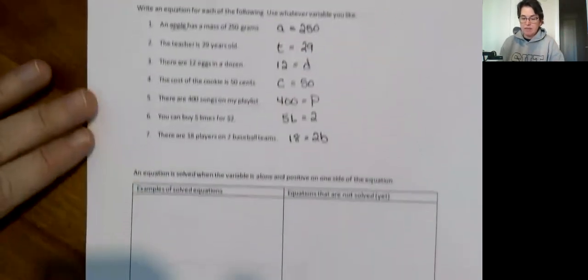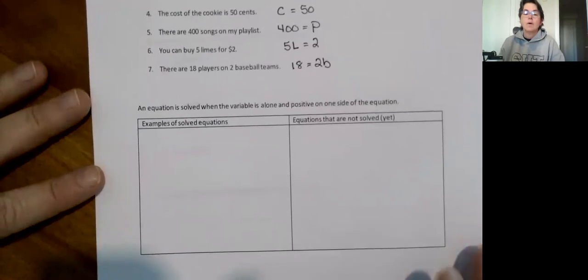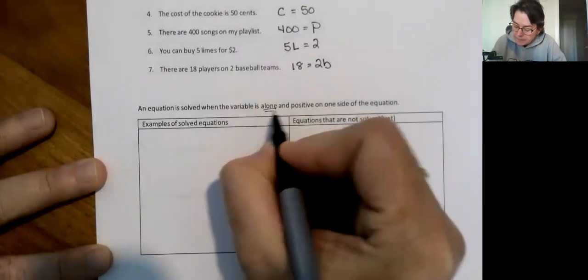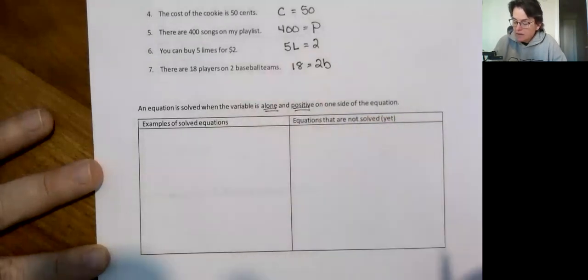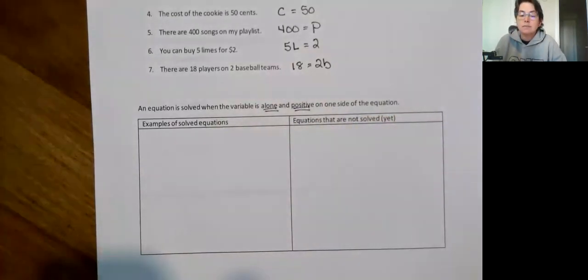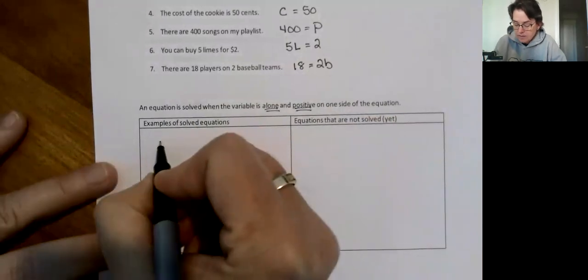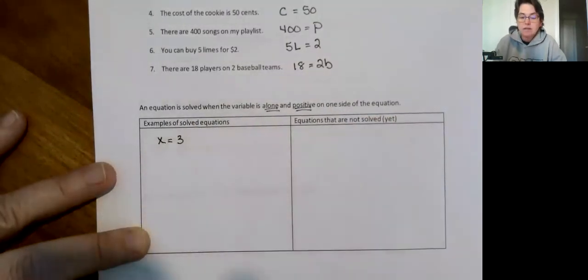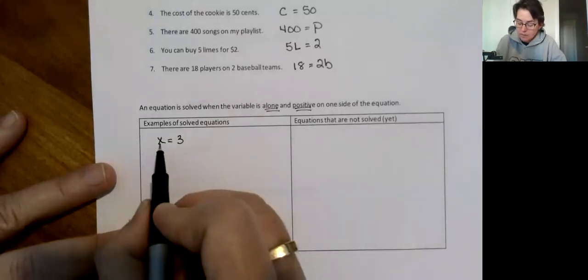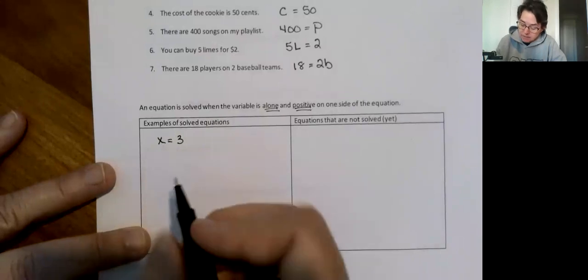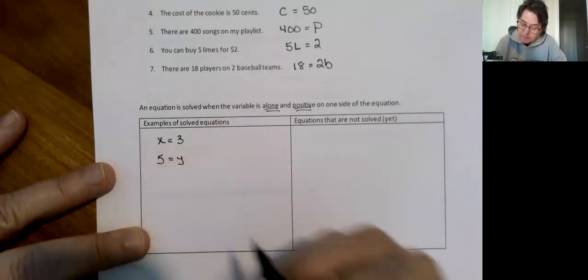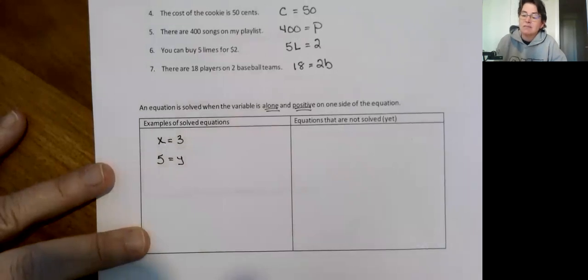Now, an equation is solved, which is where you're going with this. Let me just bring up my sheet here. When the variable is alone and positive on one side of the equation. So x equals 3, the equation is solved. There's my variable. It's all by itself and it's positive. That's fine too.